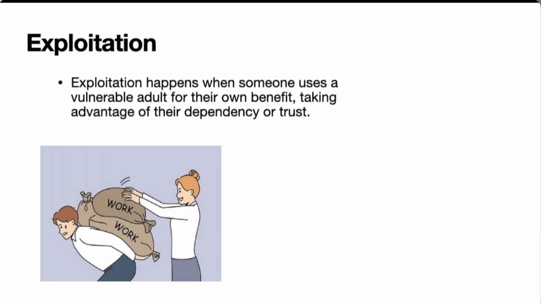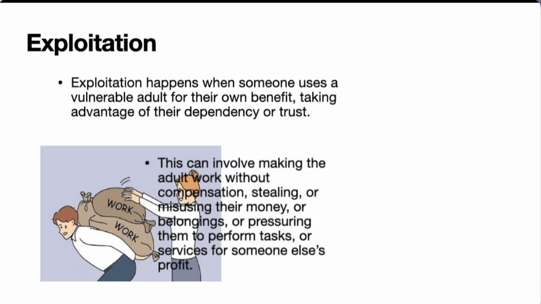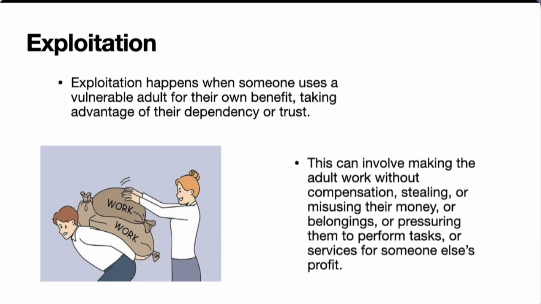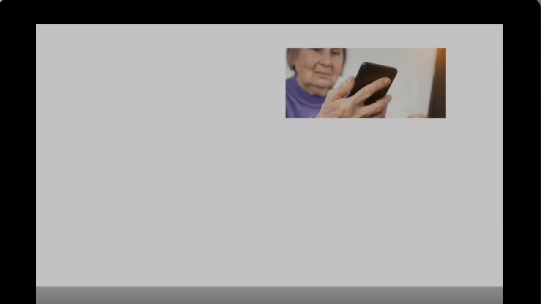Exploitation. Exploitation happens when someone uses a vulnerable adult for their own benefit, taking advantage of their dependency or trust. This can involve making the adult work without compensation, stealing, or misusing their money or belongings, or pressuring them to perform tasks or services for someone else's profit.